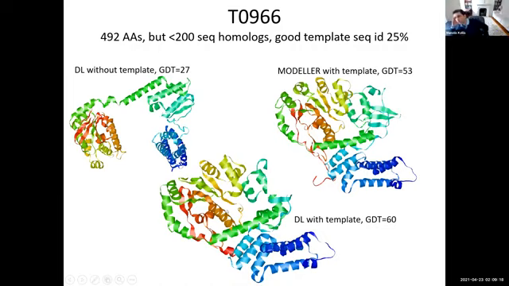So Jinbo, how much physics goes into that? I mean, it's amazing that deep learning gets so far, but can physics help you get any further, or is physics basically not useful at this point? Well, I think this is a very challenging question, and I don't think we have a definite answer to this. So Michael Feig, who is a biophysicist, has some physics-based refinement method.